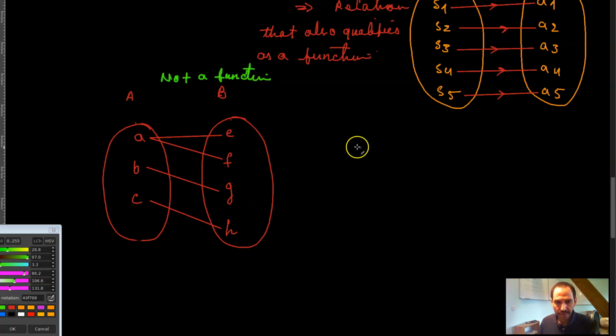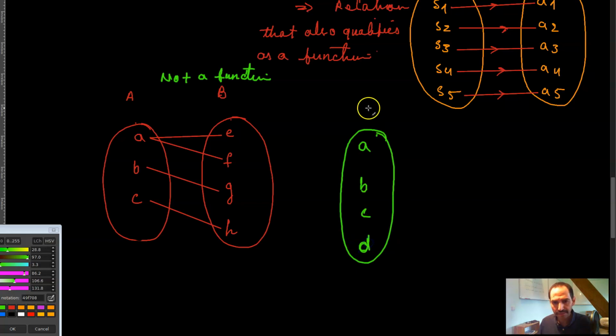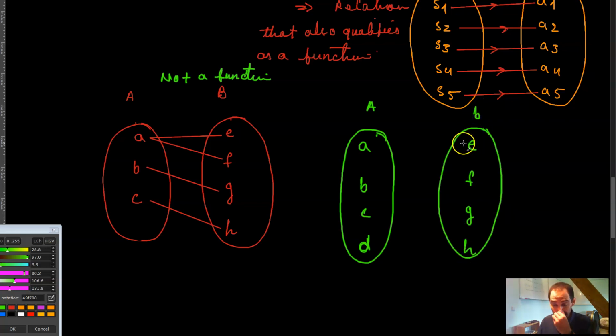But you could have the situation where you have A, B, C, and D, and let's say that this is set A, and you have E, F, G, and H, and this is set B. Let's say that this is mapped to this one, this is also mapped to this one, this is mapped to this one, and this is mapped to this one, right?